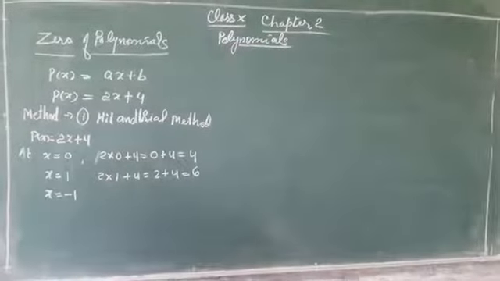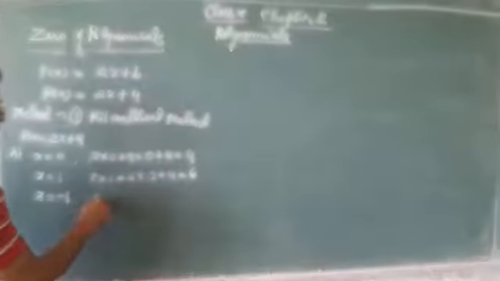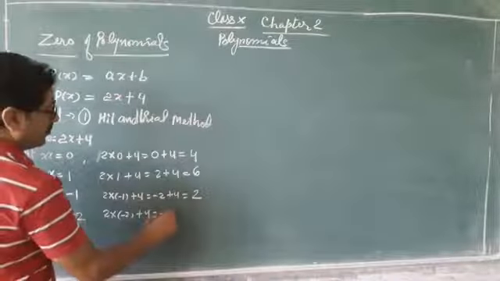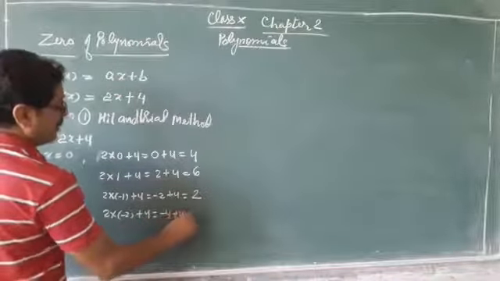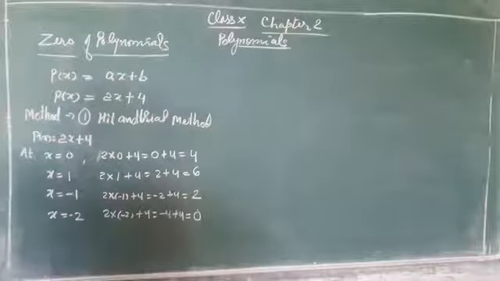We put x is equal to minus 1. So 2 into minus 1 plus 4, that is minus 2 plus 4, means 2. Again x is equal to minus 2. So 2 into minus 2 plus 4, that is minus 4 plus 4, it becomes 0.